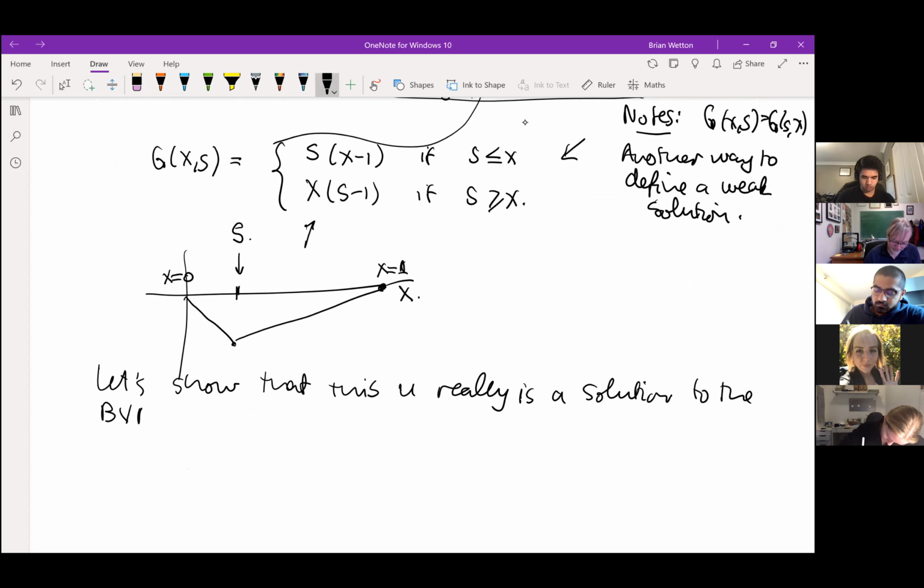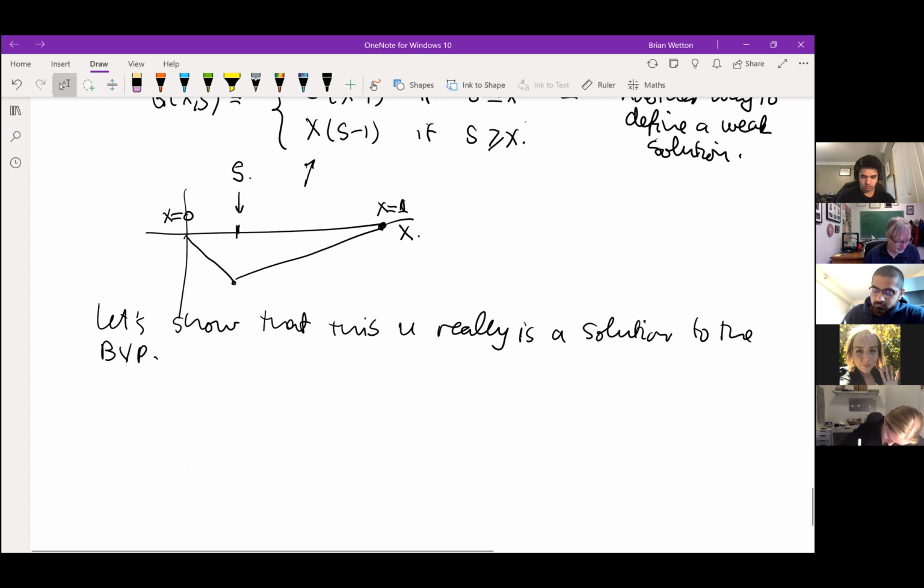Well, okay, if there's going to be a solution to the boundary value problem, it has to satisfy the boundary conditions, and away from the boundary, it has to satisfy that. So let's check these.